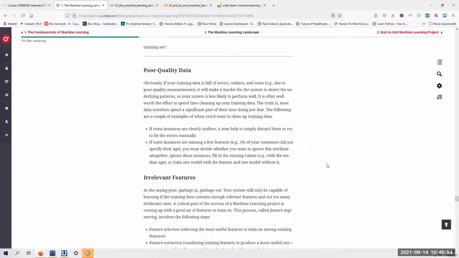So poor quality data. Of course, people make mistakes too. So in a machine learning project, you will spend quite a lot of time cleaning up your data. There can be values that are missing altogether, which can then be interpreted as zeros, which of course messes up the model.